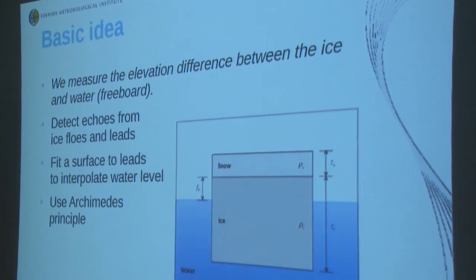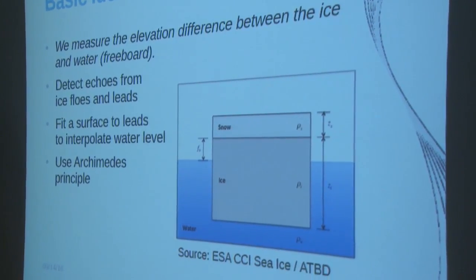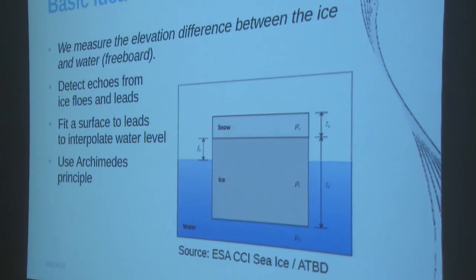So the basic idea, once again, this has been already told you today. What do altimeters measure? Anyone? Elevation. Correct. They do not directly measure the thing that we want, thickness.